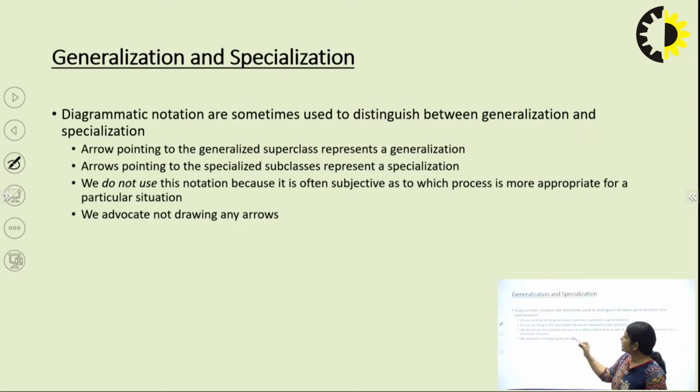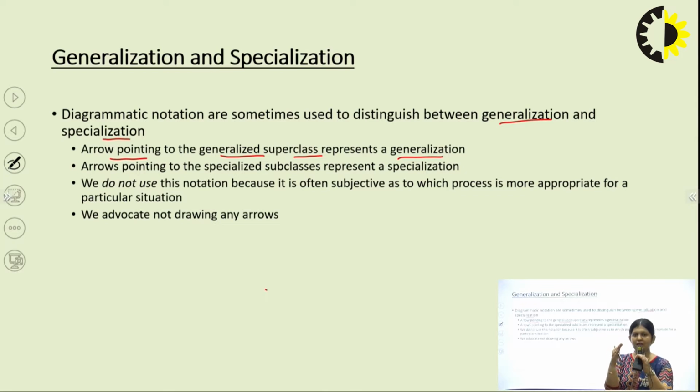Diagrammatically, let's see the notations used to distinguish between generalization and specialization. An arrow pointing to the generalized superclass represents a generalization, that is bottom to top.